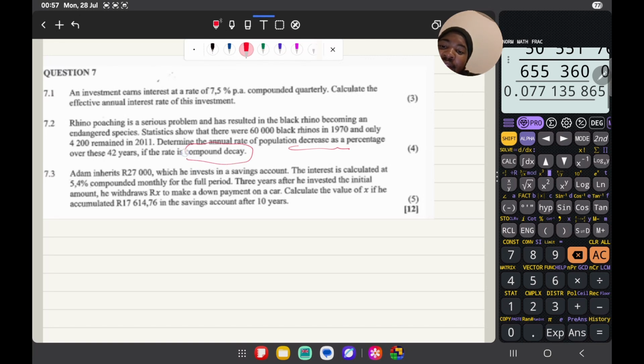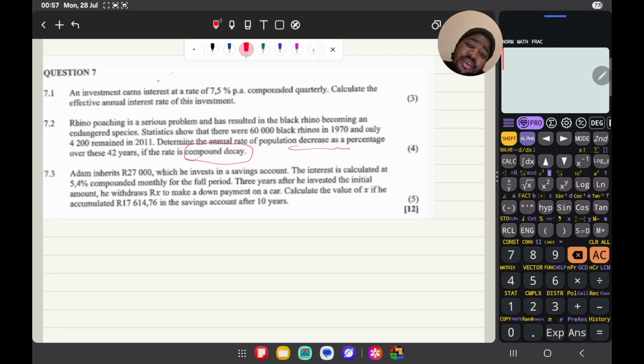So here they gave us a clue of perhaps what formula we will use. It's going to be that compound decay formula or the reducing balance formula. But if they didn't say, you know your finance very well, and this is in grade 11.